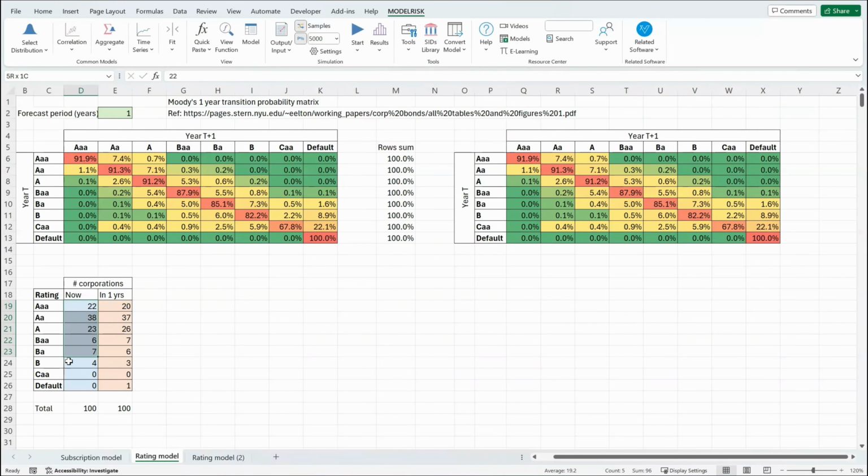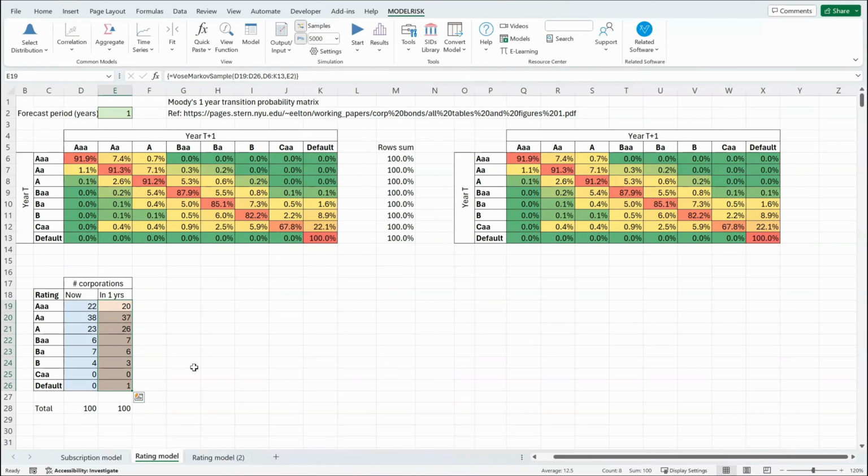Now, if I have a portfolio of these assets, so 22 assets which have a AAA rating, 38 assets which have a AA rating, etc., it's a total of 100 assets, I might ask myself the question, in 1 year's time, what will those assets have a rating of?